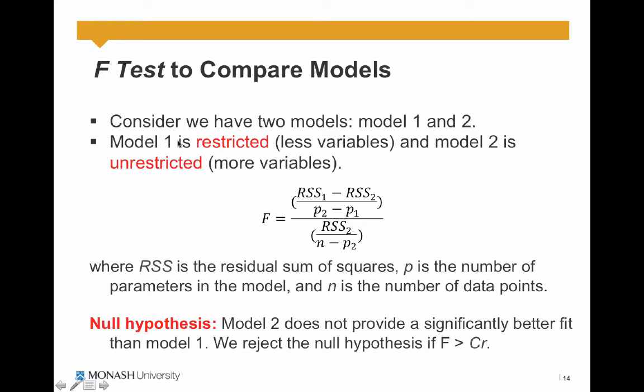So when you estimate model 1 and model 2 in any case, you calculate the F value, you check whether it is greater than the critical value. If it is greater than the critical value, you reject this null hypothesis. That means model 2 is not necessarily better than model 1, the one with fewer variables. So we stick to the model with fewer variables.